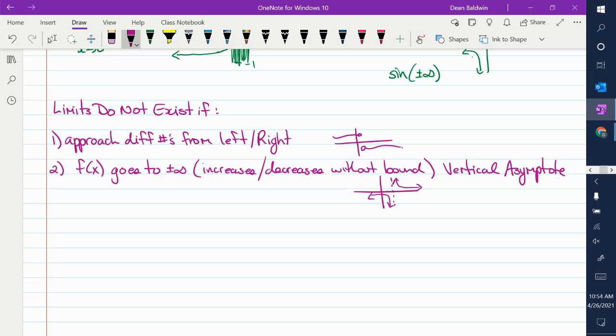And the third one, which we just did, is f of x oscillates between two fixed points.